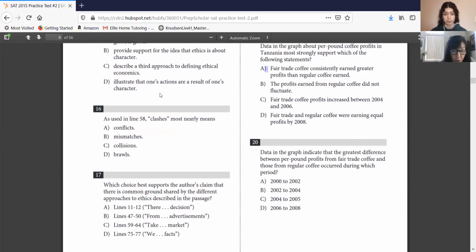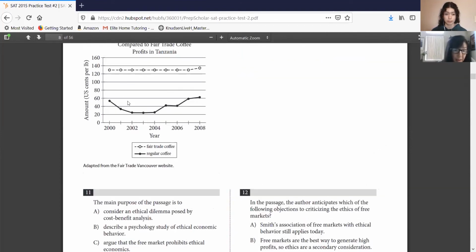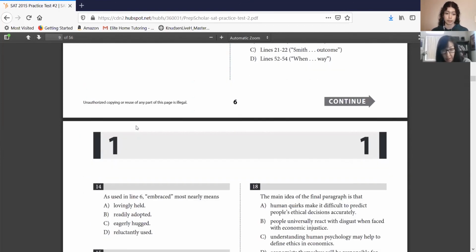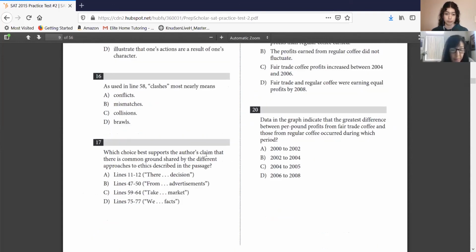So let's track 2000 to 2002. This is just reading a graph. So we see a difference here from about 50 or so, 52 to 20. And then the next one, 2002 to 4.